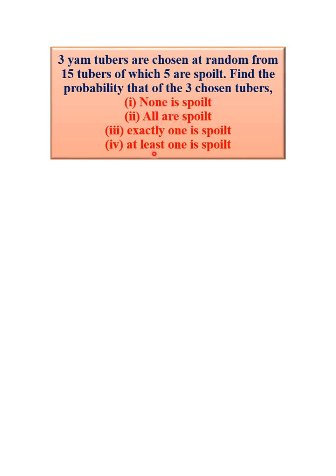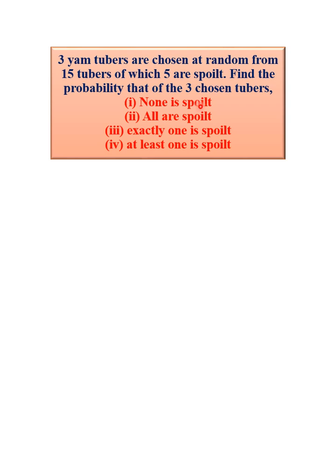different scenarios. When we have a question under probability where items are chosen or picked, there is the need to know whether those items that were picked are going to be replaced or they will be kept aside without replacement. Unfortunately, this question did not tell us if the 3 tubers that will be chosen are going to be replaced for the next draw or not.